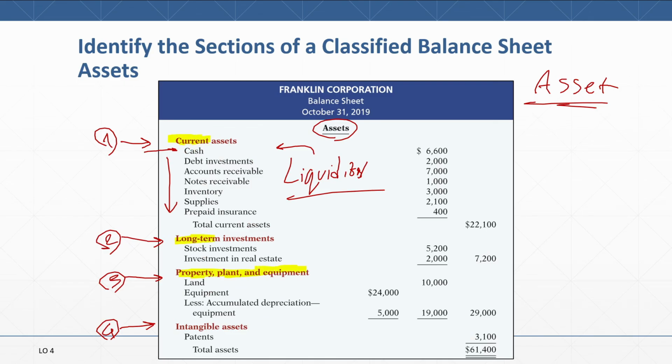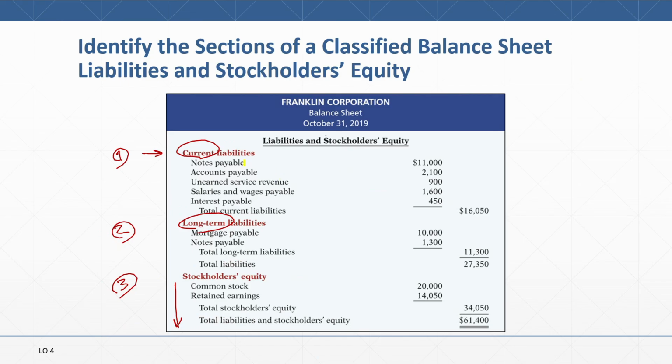Current assets are those assets that can be converted into cash in less than a year or the operating cycle, whichever is longer. And long-lived assets or fixed assets are those assets that their useful life is more than a year. In case of liabilities, current liabilities are those obligations that you have to pay off in less than a year, and long-term liabilities are supposed to be paid off in more than a year.